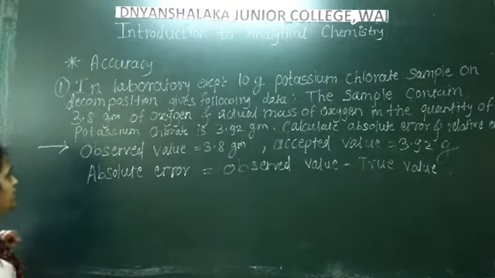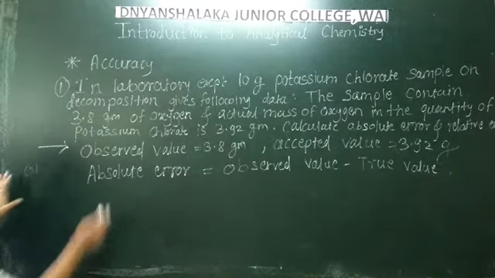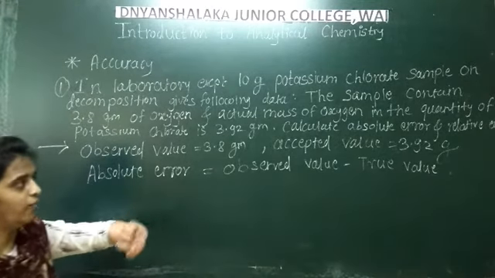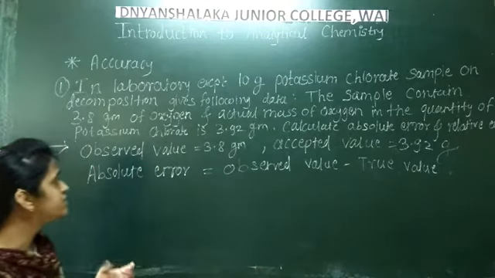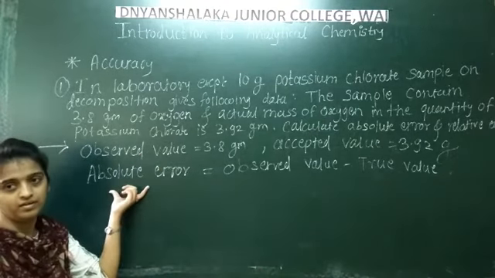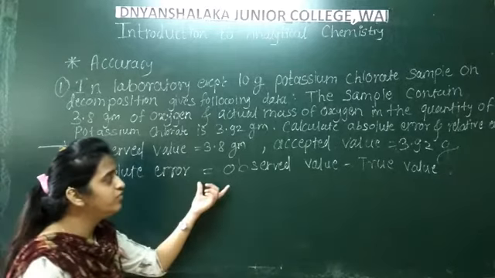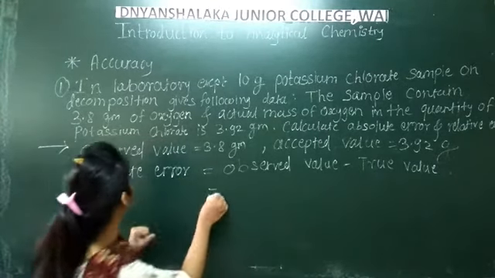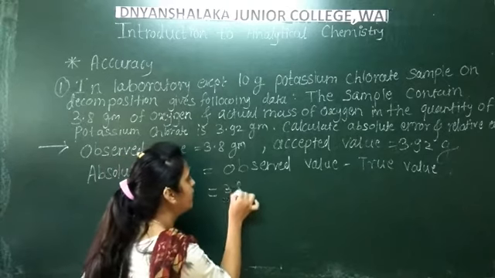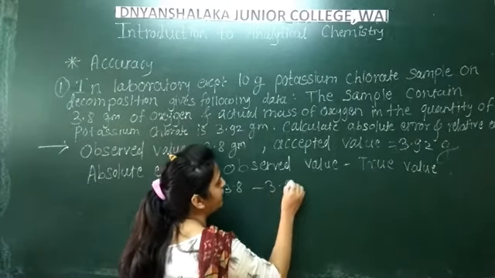The given data: the observed value is 3.8 gram and the accepted value is 3.92 gram. First we calculate the absolute error. The absolute error formula is observed value minus true value. The observed value is 3.8 gram minus the true value, 3.92 gram.